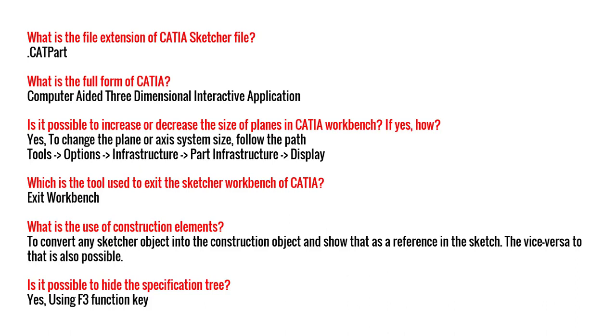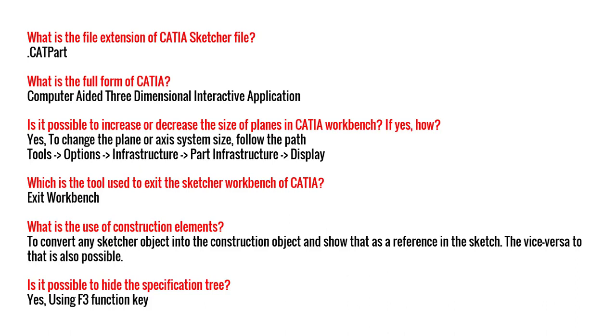Whenever you are working in any of the environments, whether it is sketcher, part design, generative shape design, assembly design, drafting, sheet metal, or any other environment in complete CATIA V5, if you want your specification tree, history tree, feature tree, model tree, whatever you want to call it, to be hidden, simply press F3, and you will be able to hide that. Similarly, to show it, press F3 again.